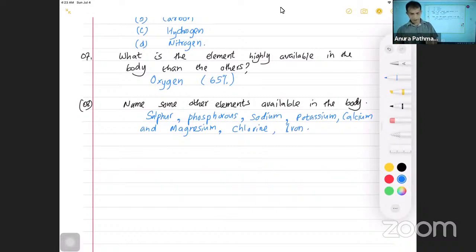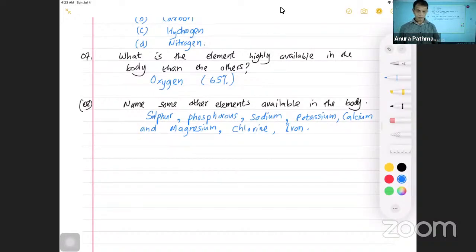Now, we came to our lesson talking about the components in the environment, and we discussed that they are matter and energy. If we think of the naturally occurring elements, there are about 92, and out of them about 25 are available in our body to give it life.